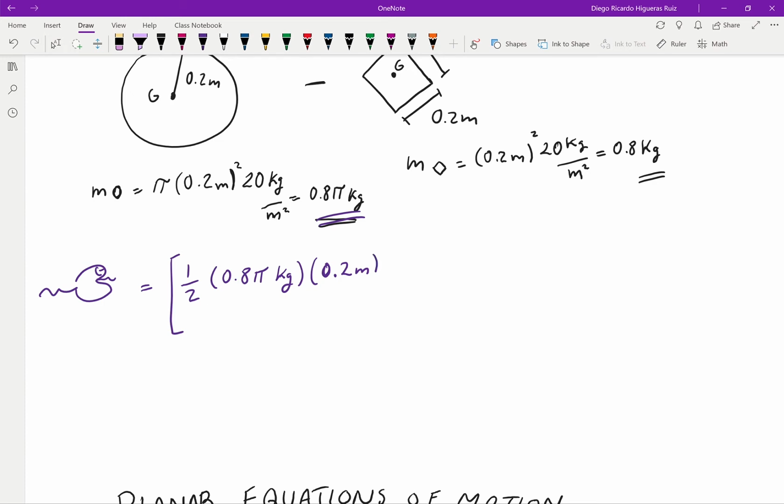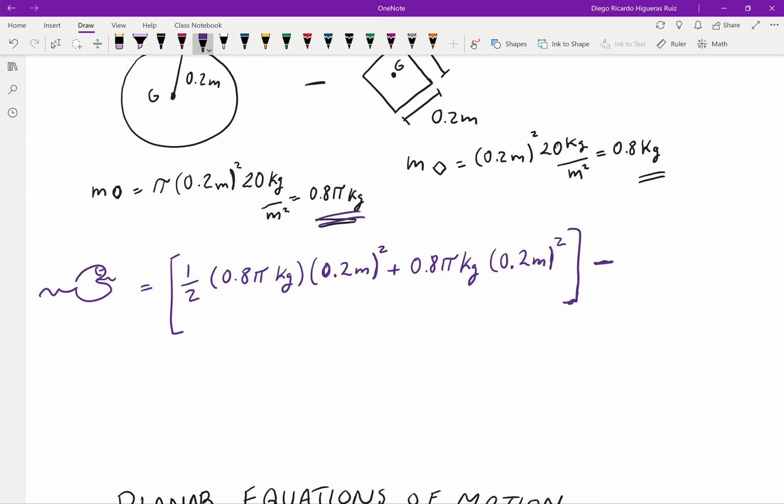Just trying to be consistent with my units. And at this point you can tell that the mass moment of inertia unit is kilogram times meter squared, right? Okay, so that's the first term, and now we need to add the mass of the thin plate times the distance GO squared. There we go. So this is gonna be just the first term.